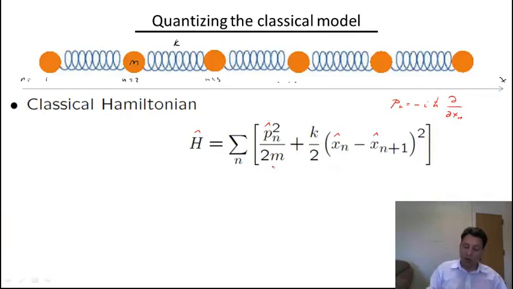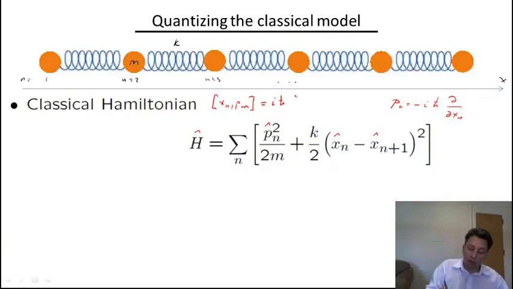Now, these x and p satisfy the canonical commutation relations. If they correspond to the same atom, x n and p n commute to i h bar. If they correspond to a different atom, let's say x n and p m, then it's going to be 0 if n is not equal to m.